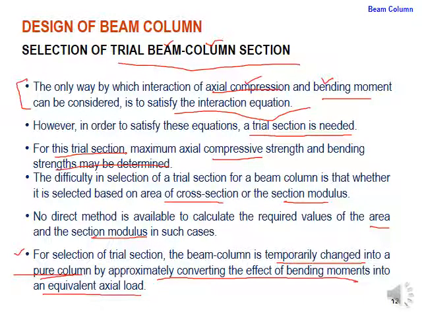If you have the axial load, you can add to it the bending moments, which are approximately converted into an equivalent compressive axial load, and finally you get your Pr. That can be used for the selection of your trial section.